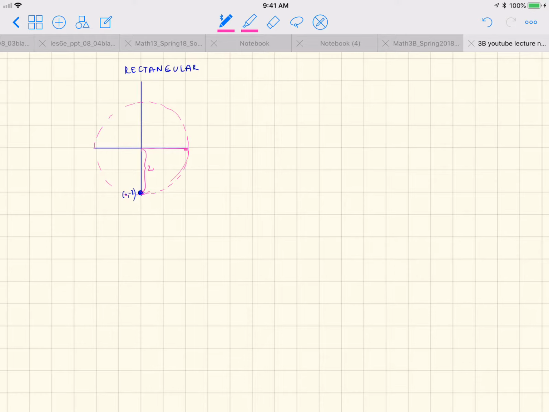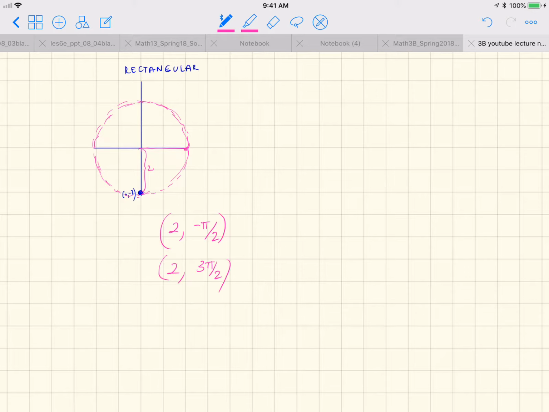Sorry, it should be negative pi over 2. So I'm going to say 2, comma, negative pi over 2. I could also say go out to 2 and have theta equal 3 pi over 2. That gives me the same location.